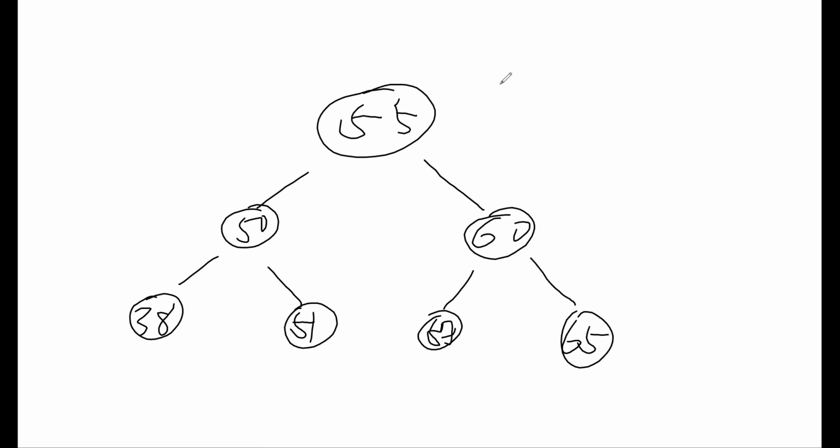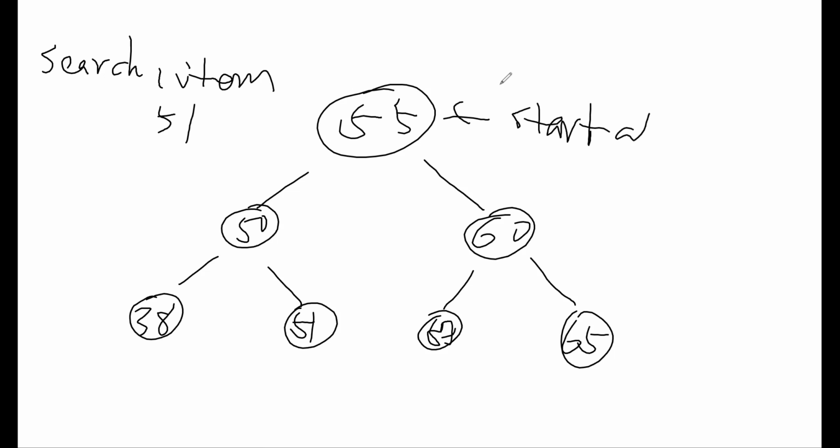Assuming the tree is already built, in the next class we are going to discuss how we build the tree. Now we are going to do search, where you try to find some item. Suppose we try to find 51. The way to do it is to start at the root, and then you compare.